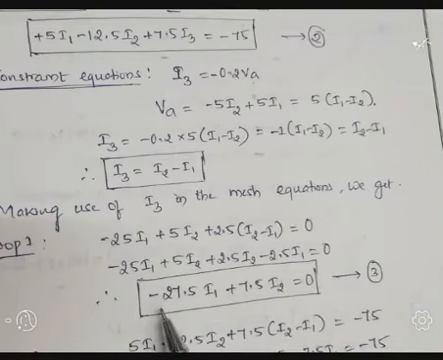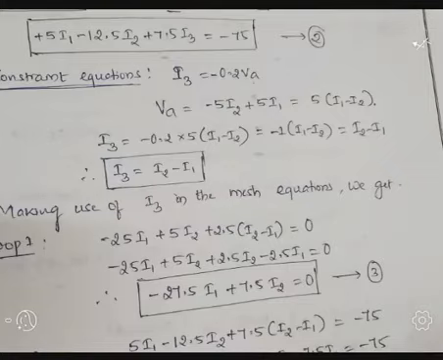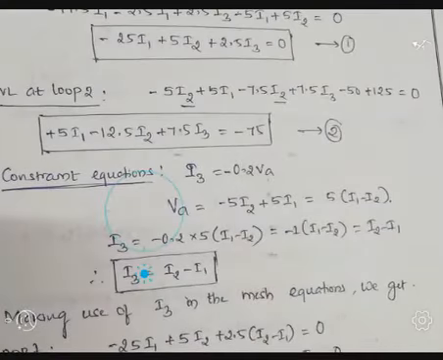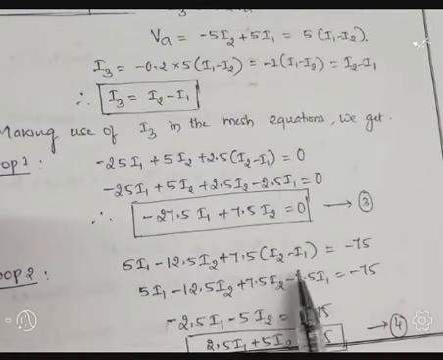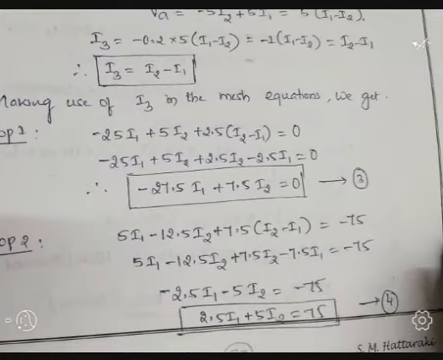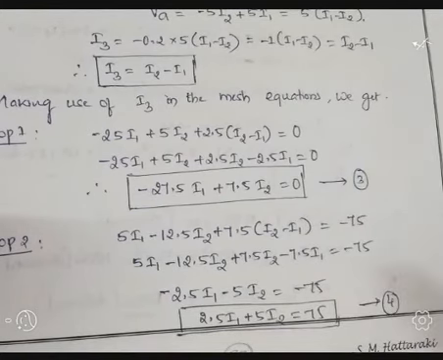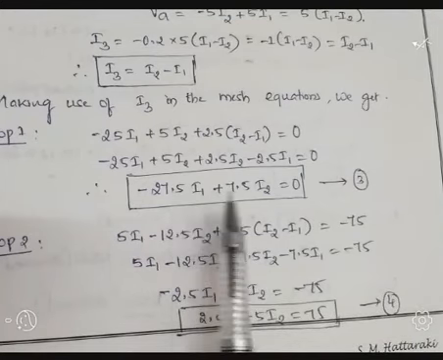So the answer is equation 3, minus 27.5 I1 plus 7.5 I2 is equal to 0. Similarly, in equation 2, in place of I3, substitute I2 minus I1, do the simplification, and we are getting the answer as 2.5 I1 plus 5 I2 is equal to 75, represented as equation 4. So from equation 3 and equation 4 we are getting two unknowns, I1, I2.